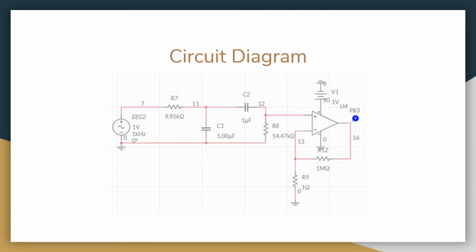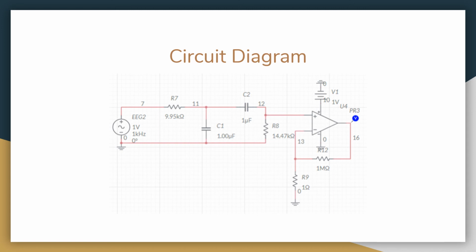Following this is the high-pass filter, which cuts off or attenuates any signal that is present before 11 Hz. And this is done by putting a capacitor and the resistor in series, and then with this 1 microfarad capacitor and the 14.47 kiloohm resistor, we achieve a signal that is attenuated if anything exists before 11 Hz.